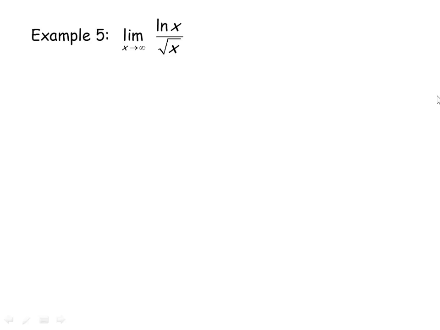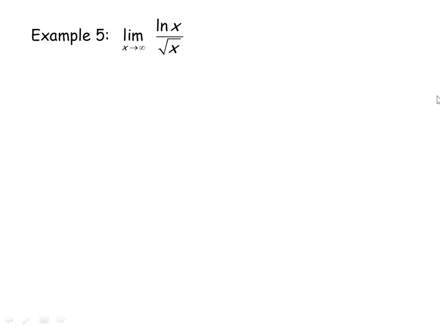In Cal 1, we learned in Chapter 2, so I know it's been a while, so you may want to make a note of this. In Cal 1, when we did limit going to infinity, and that's key, your limit has to be going to infinity. If you have a polynomial over a polynomial, do you remember the rules? There's 3 of them.